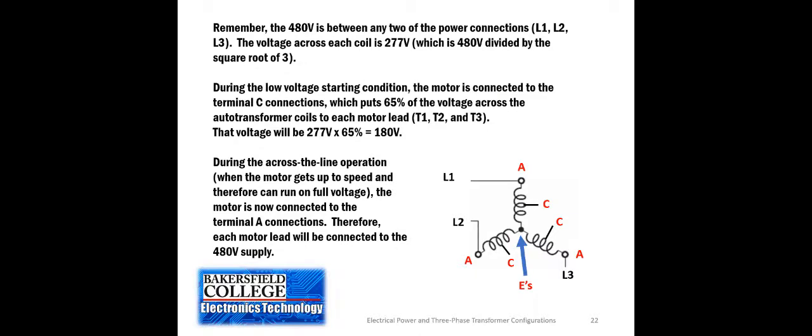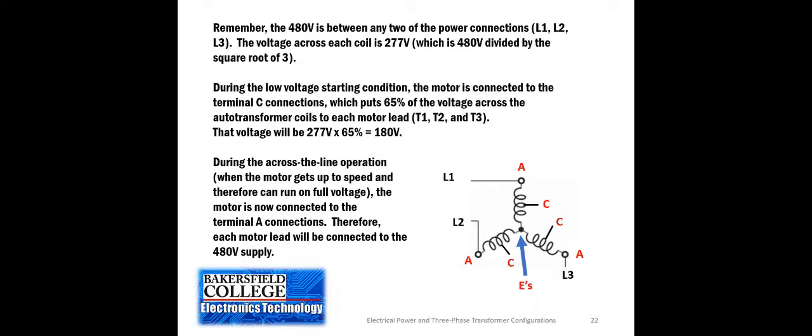Okay, so when we have that condition, what is actually across the coils between A and E connections is 277, which is 480 divided by the square root of 3, which is 1.73.